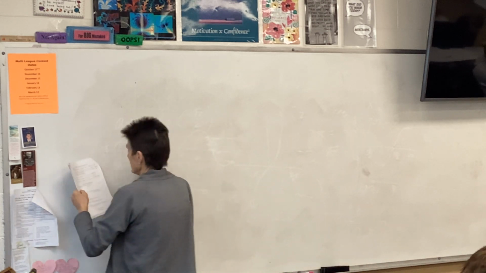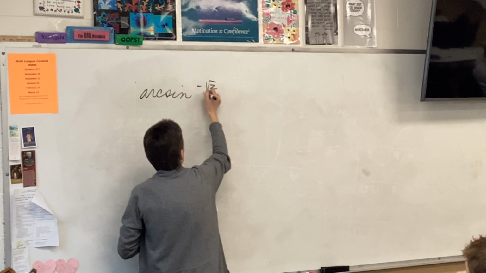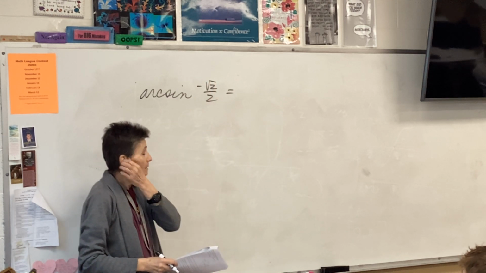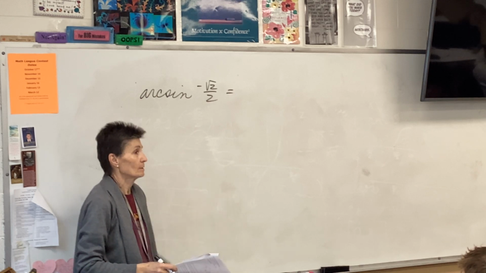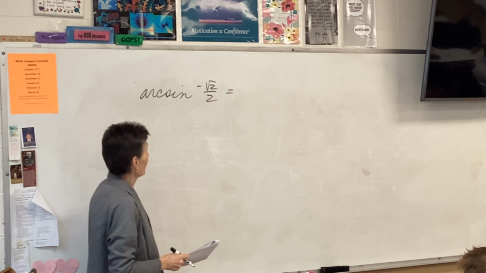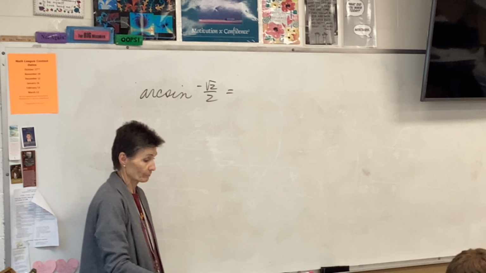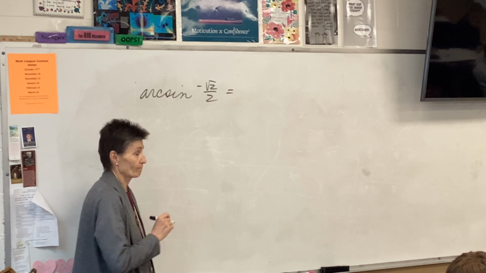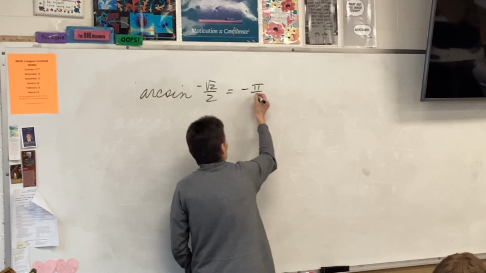Arc sine negative root 2 over 2. One answer. Your inverse problems have one answer, period. So what is it? Arc sine negative. Negative pi over 4. Bingo. Negative pi over 4.